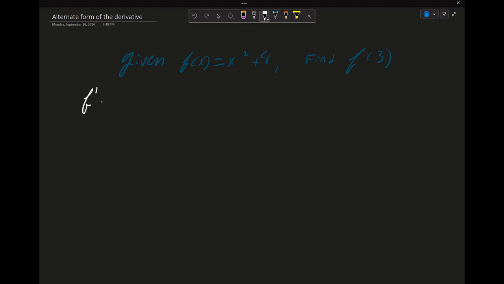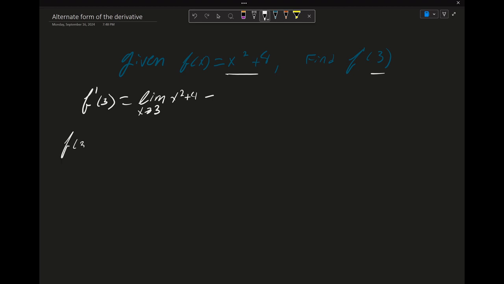The equation is f prime of some number c, which we apply here with the number 3, because that's the number we are trying to find, equals the limit as x approaches 3 of f of x, in this case x squared plus 4, and then we subtract f of 3.